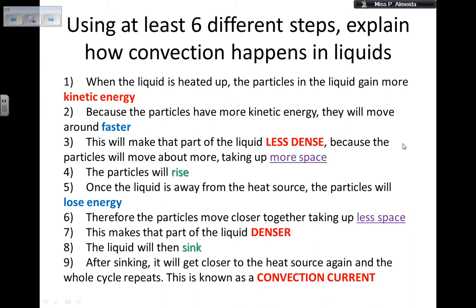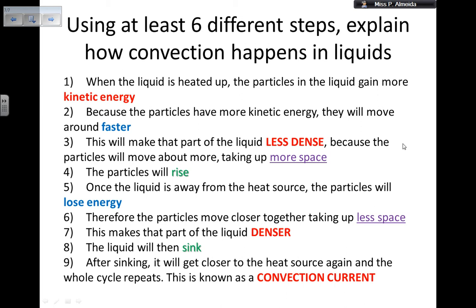Once the liquid is away from the heat source, the particles will lose energy. Therefore, the particles move closer together, taking up less space. This makes that part of the liquid denser, because density is mass over volume. I have more particles in the same volume. So the liquid will then sink. After sinking, it will get closer to the heat source again, and the whole cycle repeats. This is known as a convection current.